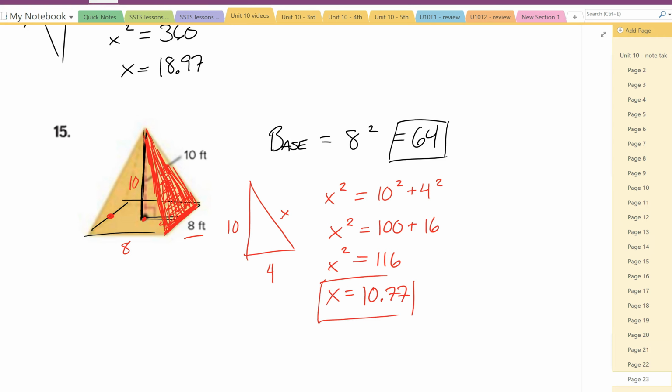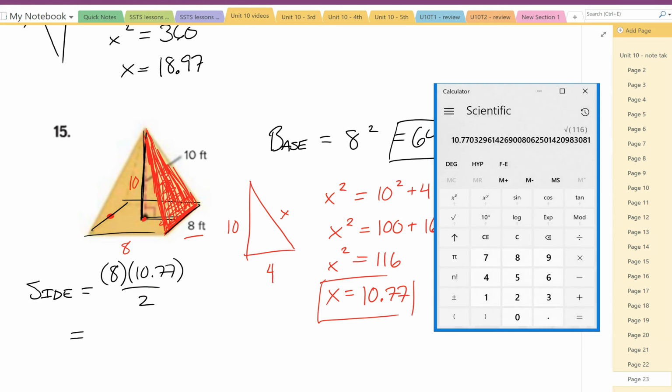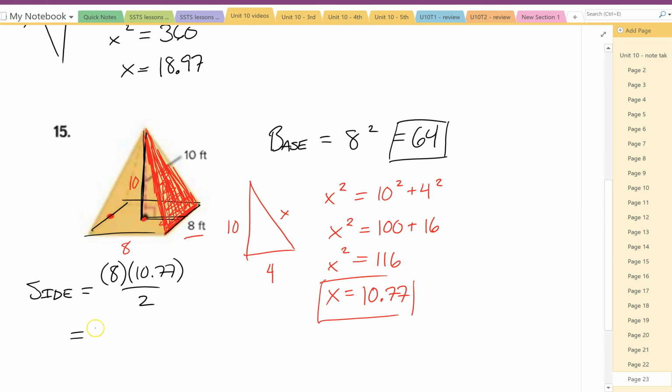So the side is base times height divided by 2. 43.08.